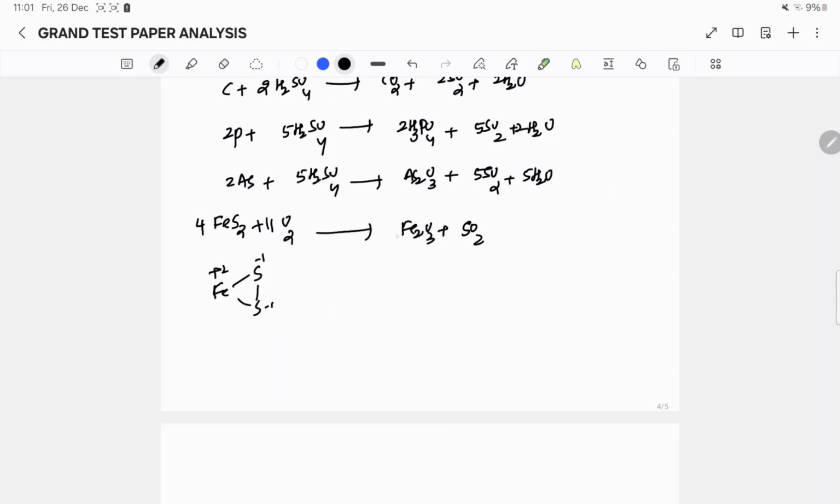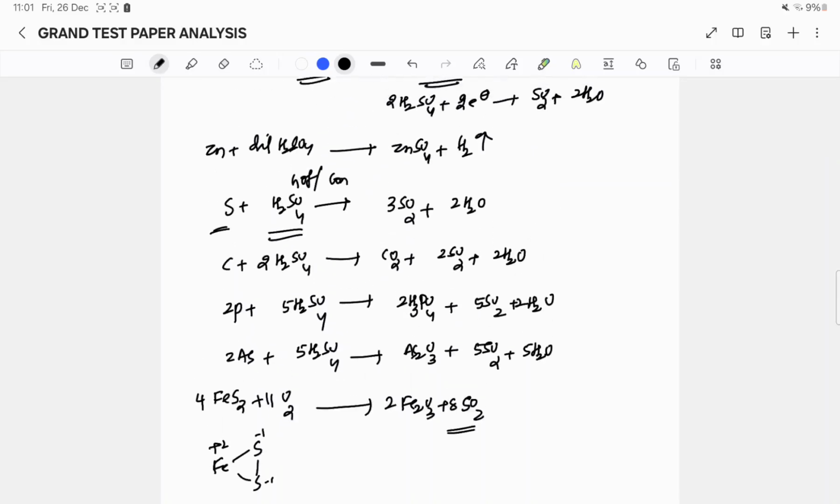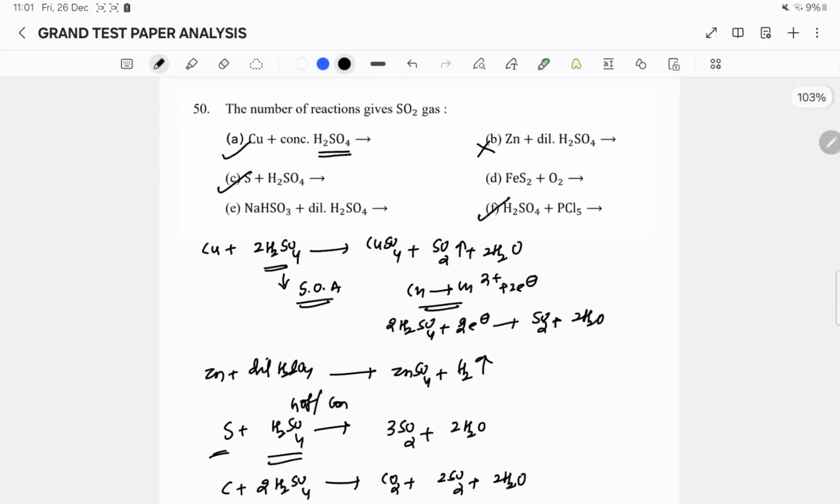I can write 8SO2. So iron sulfide also reacts with oxygen to produce iron oxide plus sulfur dioxide. So this compound also will produce sulfur dioxide.